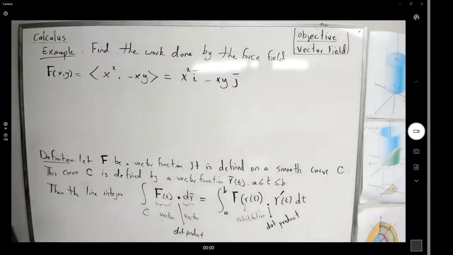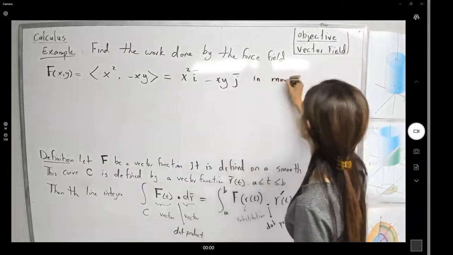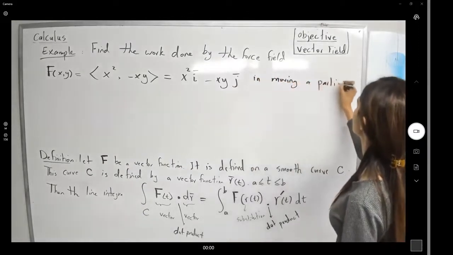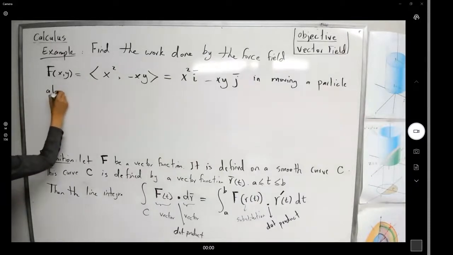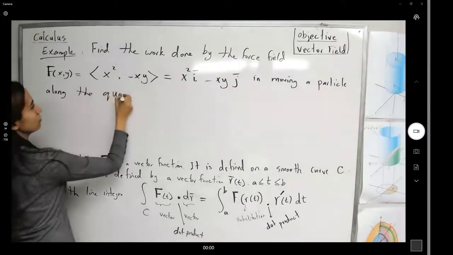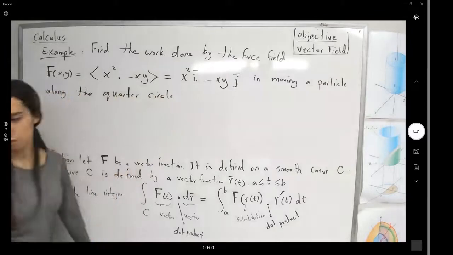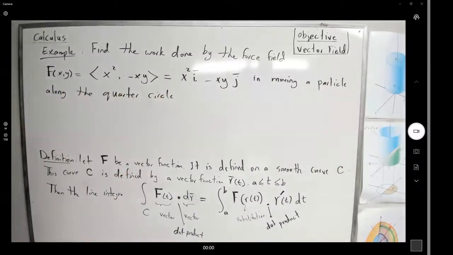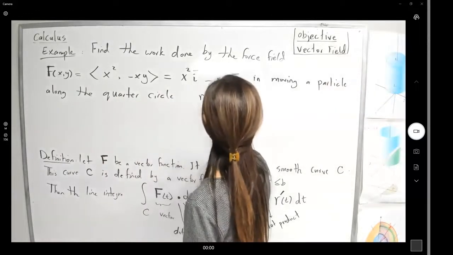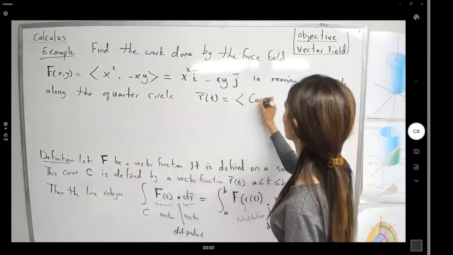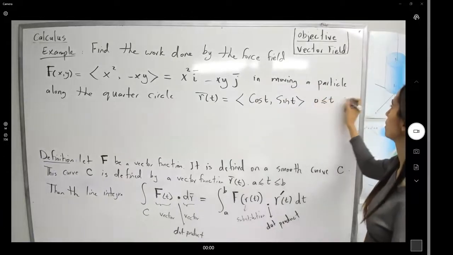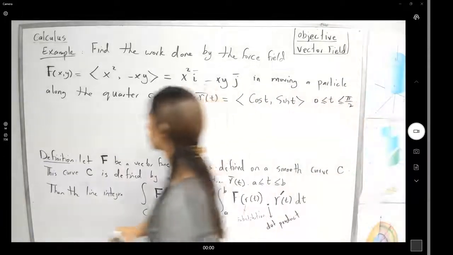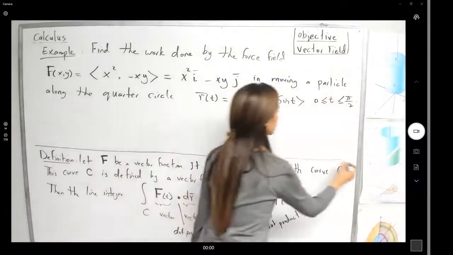In moving a particle along the quarter circle, which is given to us as r of t, this is your vector, cosine t, sine t, and since it's a quarter circle, t is bounded between 0 and pi over 2. So remember that we're going to use the definition that we have.